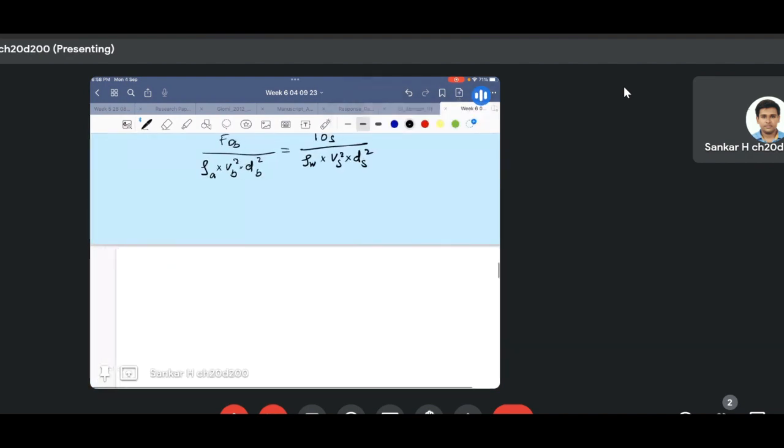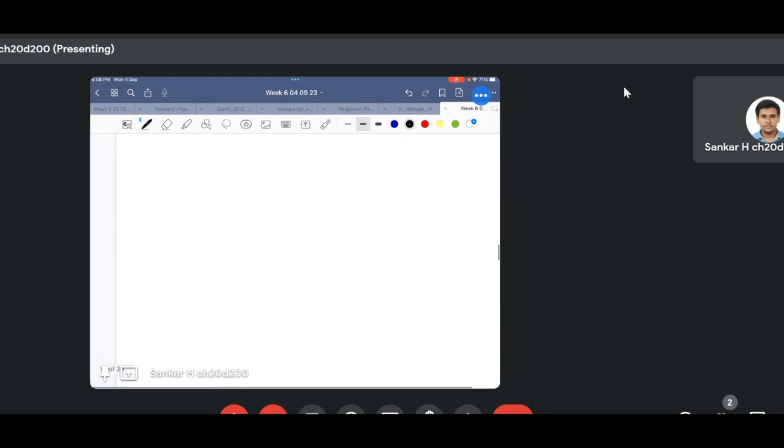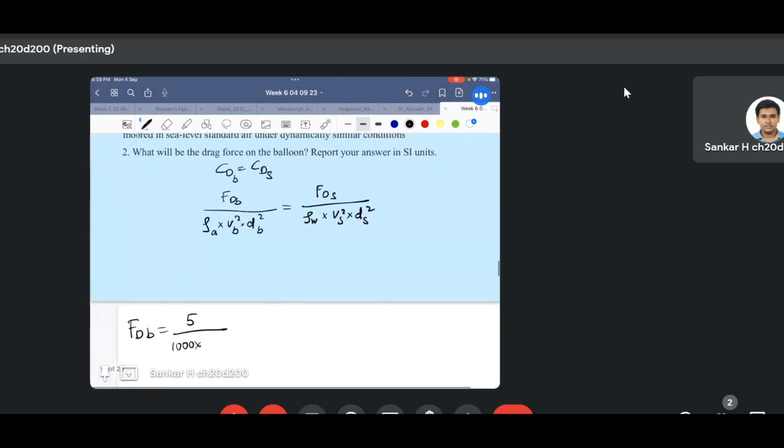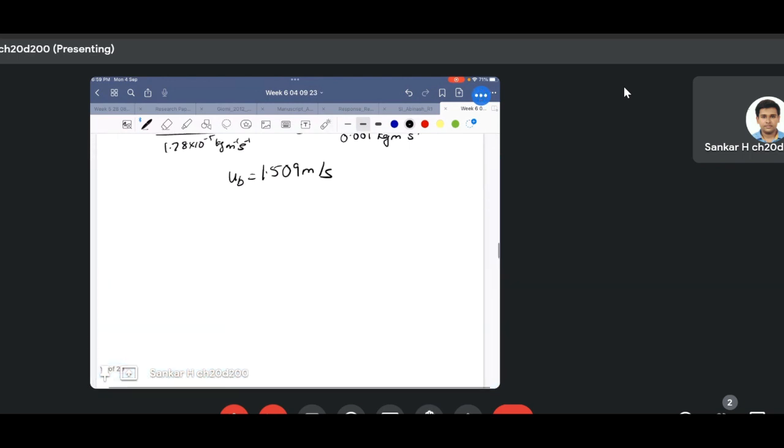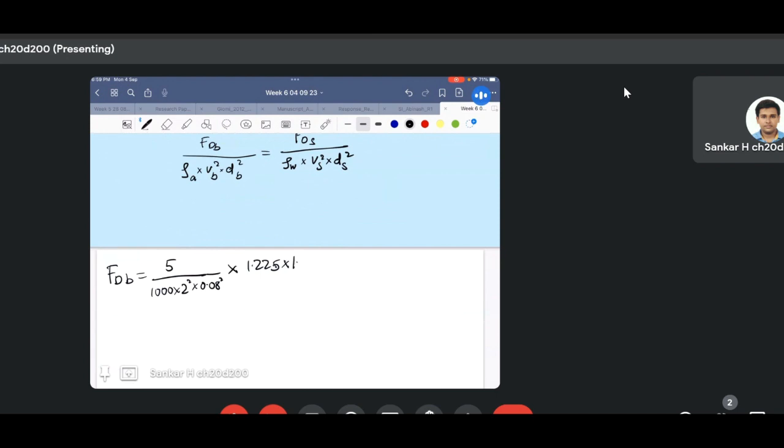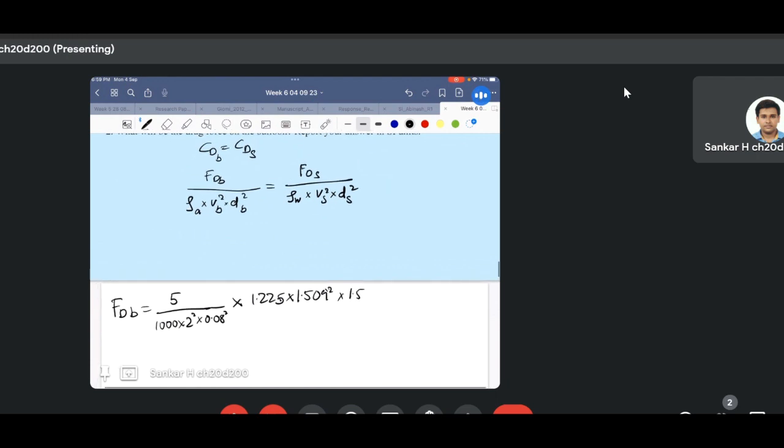Therefore, when we equate this, we'll get the drag force on the balloon to be equal to 5 by 1000 times 2 square times 0.08 square times the density 1.225 times the velocity of the balloon, which we found as 1.509, square, times the diameter of the balloon, which is 1.5 square.